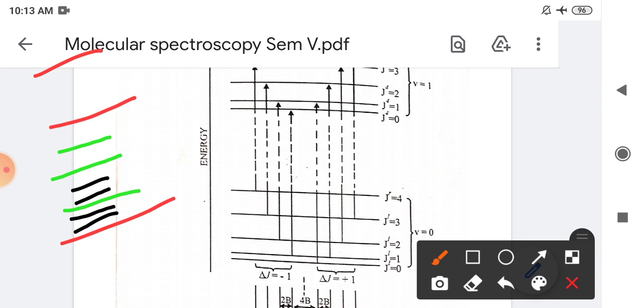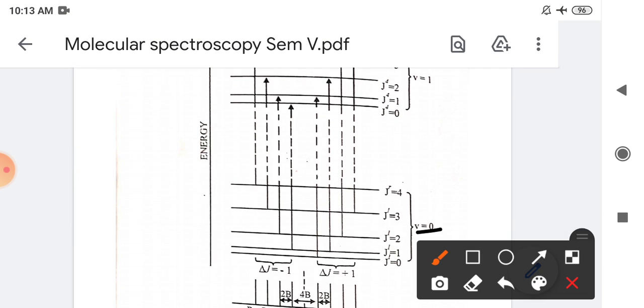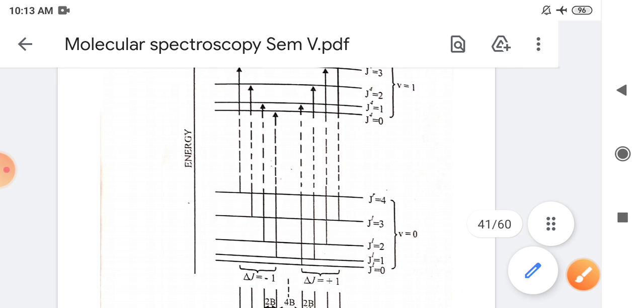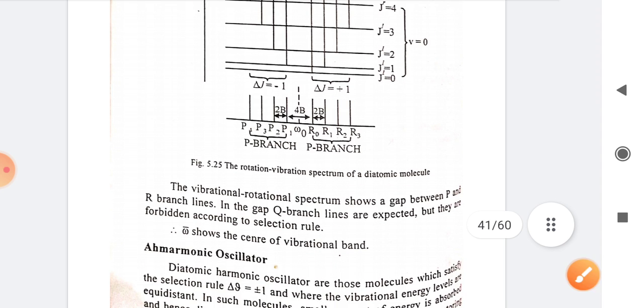So electronic energy levels contain vibrational energy levels, and vibrational energy levels contain rotational energy levels. These are shown here: this is the first vibrational energy level, and this is the second, higher vibrational energy level, and within that we have J', J'', J, low energy to higher rotational values.